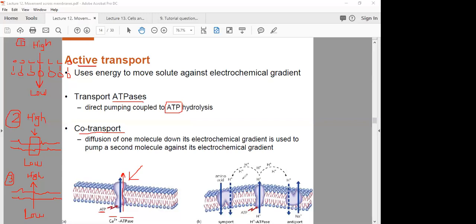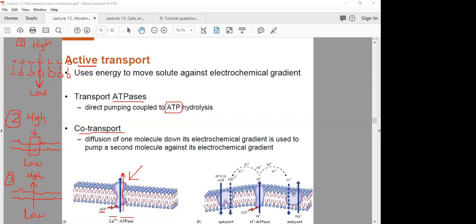Protons are not very good at diffusing through membranes, but they can passively diffuse back down their electrochemical gradient through another membrane transporter here, which is called a symporter or a symport protein. Okay, so this type of symporter allows the protons just to passively diffuse down their electrochemical gradient.